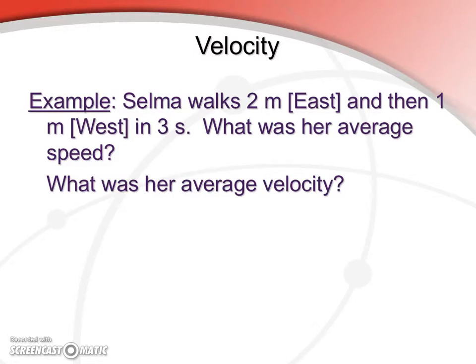So when we're thinking speed, again, we're thinking the history matters. When we're thinking velocity, we're thinking only about the results. So you can probably work this out pretty easily yourself. Her average speed, since she traveled 3 meters in 3 seconds, is 3 over 3 or 1 meter per second.